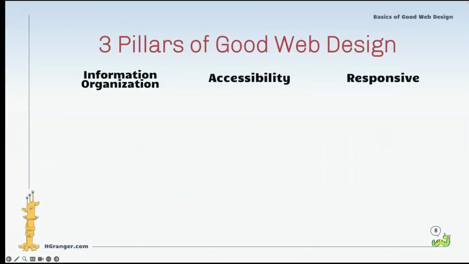Three pillars of good web design as developed by me: information organization, accessibility, and responsiveness. What is information organization? Well, it's literally everything you see on the page and where you put it, right? So you have to know and decide what is important on your site.